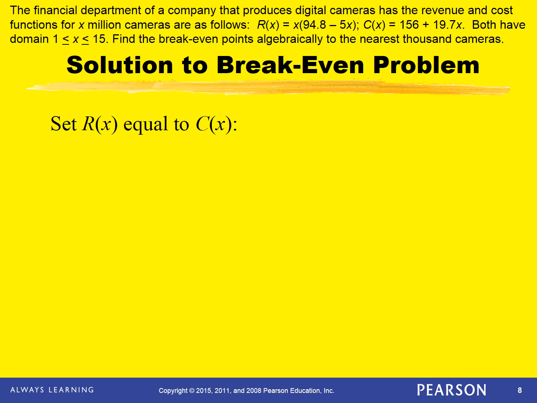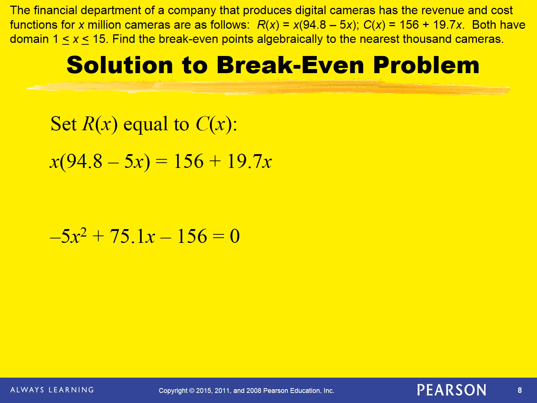Revenue equals cost. That's how we find the break-even point. And we're going to do some algebra on that. We would certainly get rid of those parentheses and get everything on one side to solve this equation.